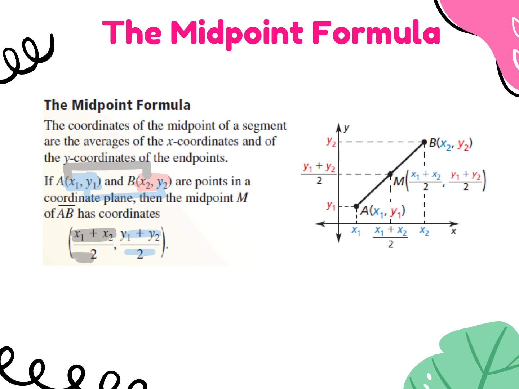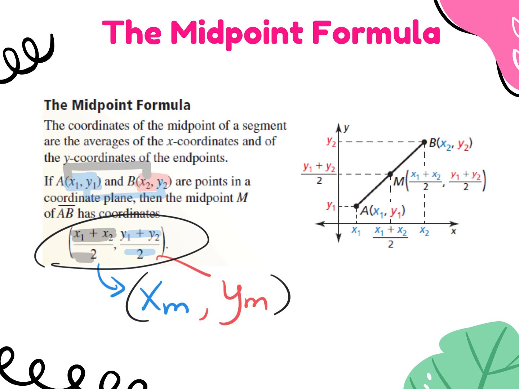This is going to give you the x of your midpoint, and this will give you the y of your midpoint. And those little subscripts are just like labels for me. So that's how I'll tell what coordinate is an endpoint and which one is a midpoint. You're going to need to memorize this formula for the quiz on Wednesday.